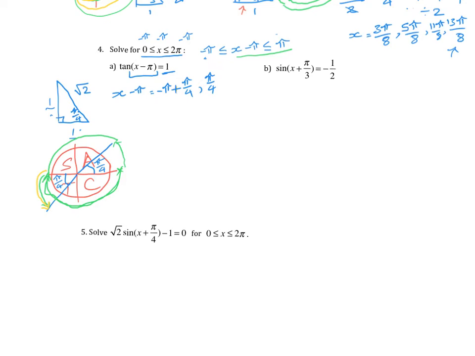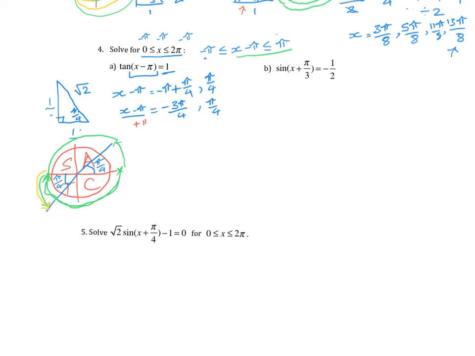So let's just simplify this. So I get x minus pi equals negative pi plus pi on 4, which is negative 4 pi on 4 plus pi on 4, which is negative 3 pi on 4, and our other angle is just pi on 4. But remember, I've got this x minus pi here. So what do I want to do to get x by itself?